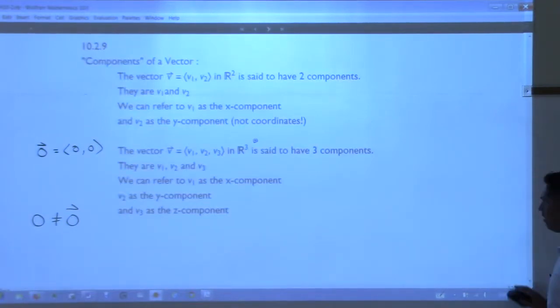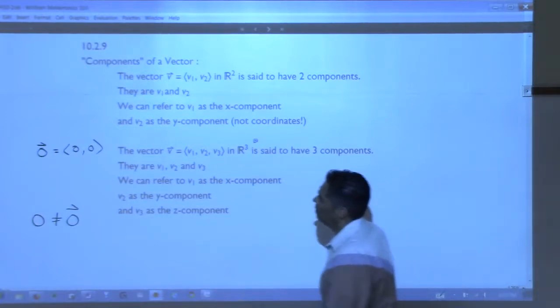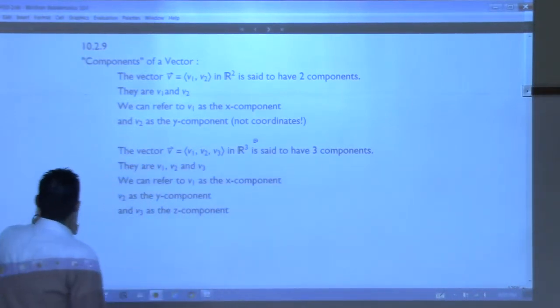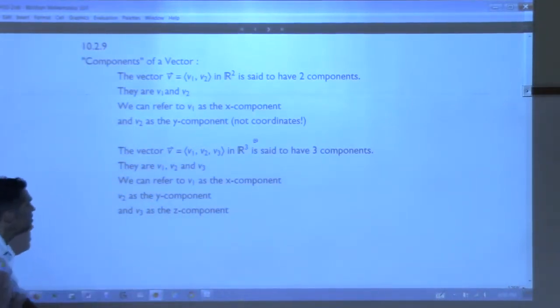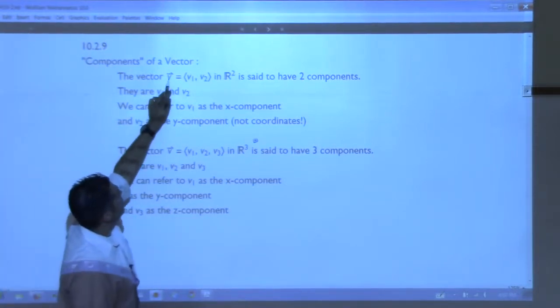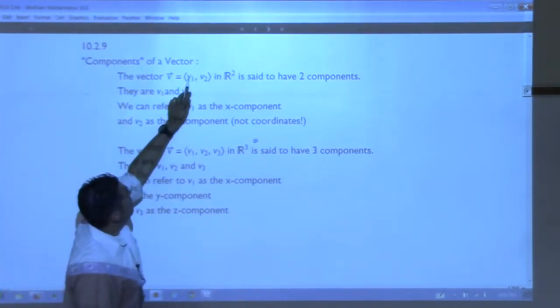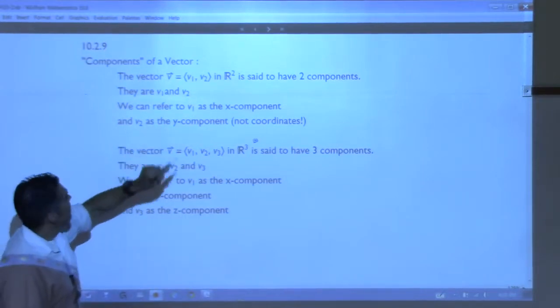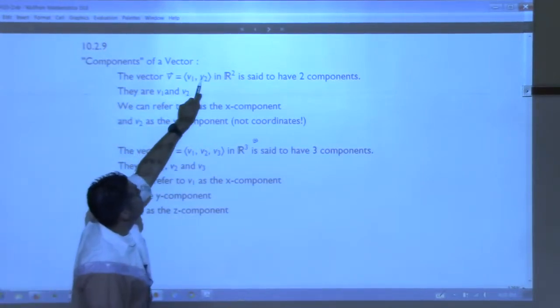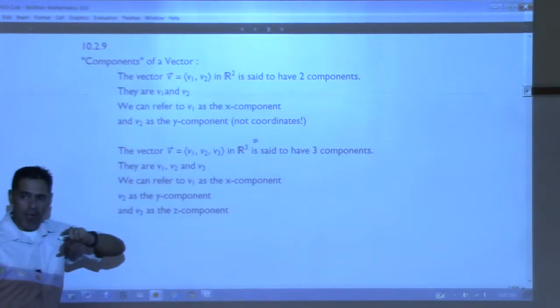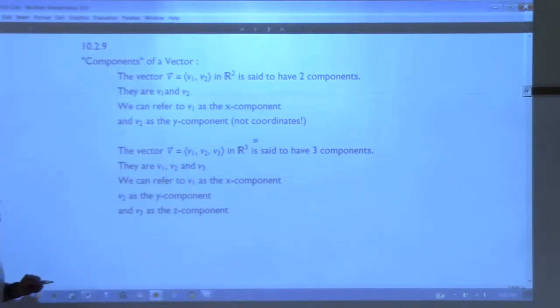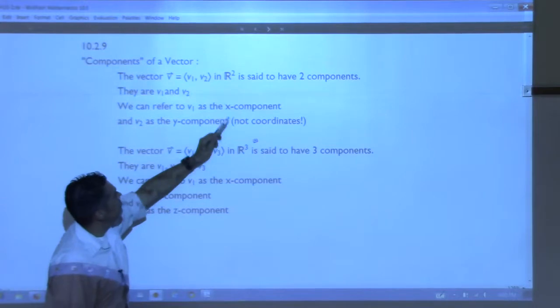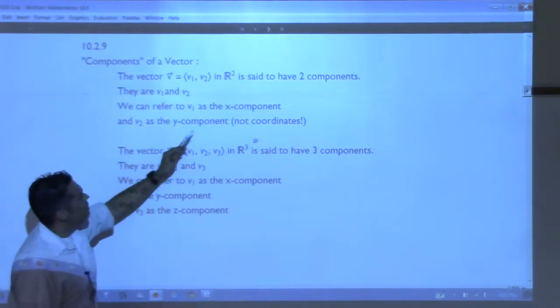All right, components. So some more language here. If you're given a vector, let's say we have this vector in two-dimensional space, v1 and v2, those are the numbers that are in there. These are called the components of the vector, not coordinates. The v1 is the x component, the v2 is the y component.